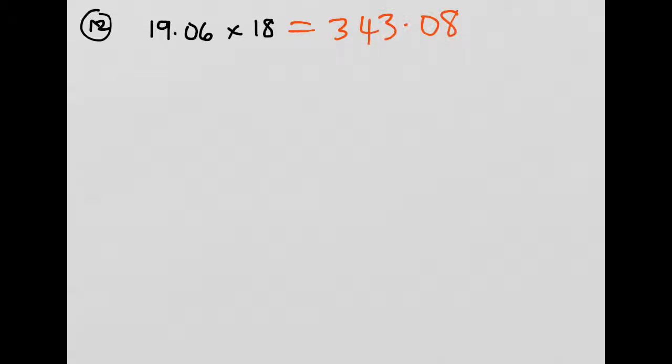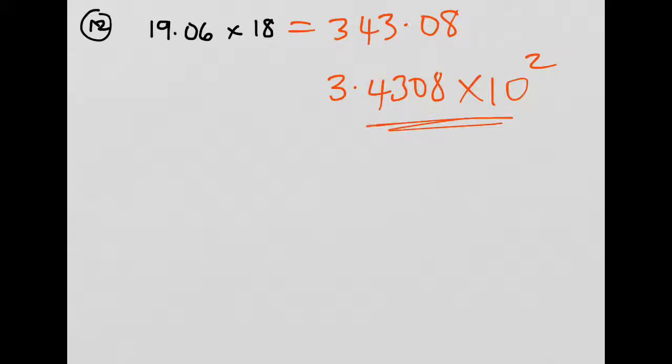If we write that in standard form, 3.4308 times 10, and the numbers have moved 2 places, so to the power 2. As I say, I've made a mistake someplace. That would mean a spider weighs 343 kilograms. It's quite a lot.